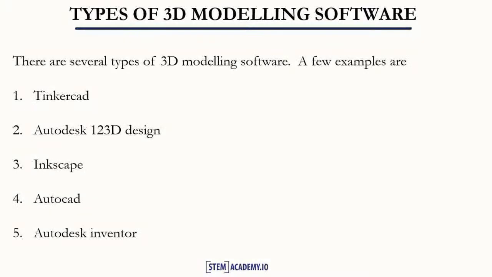Now, there are so many types of 3D modeling software, but a few examples include TinkerCAD, AutoDesk 123D design, Inkscape, AutoCAD, AutoDesk Inventor. For this module, we will be using the AutoDesk 123D design.